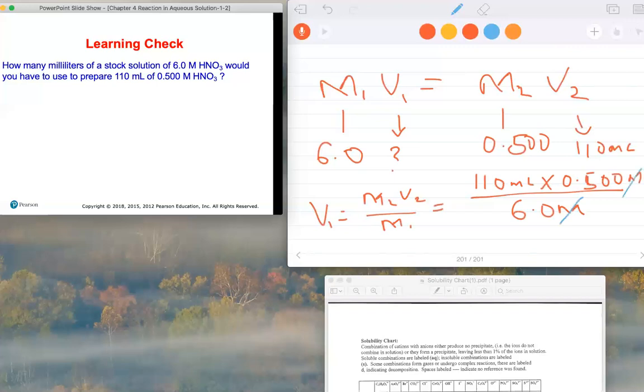So I'm just going to divide that. It is 110 times 0.50 divided by 6.